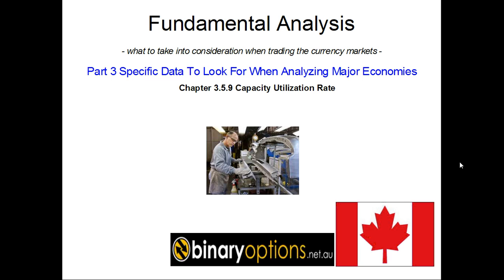Now, the capacity utilization rate indicator is released by Statistics Canada, like the majority of the statistical data in Canada, and shows the percentage of available resources being utilized by manufacturers, builders, mines, oil extractors, and utilities.